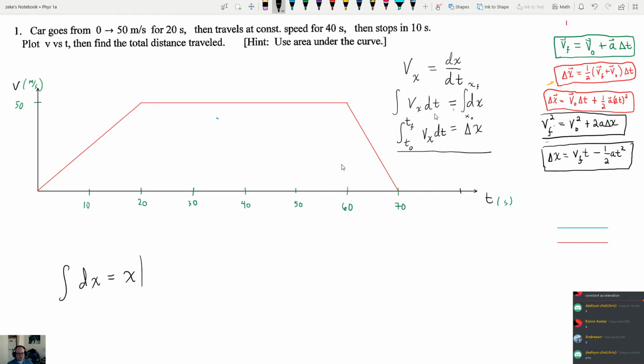Or, in the language of calculus, we know that when you do an integral, that's equivalent to doing what? Taking the derivative is finding the slope of a tangent line, and taking an integral gives you the area under the curve.